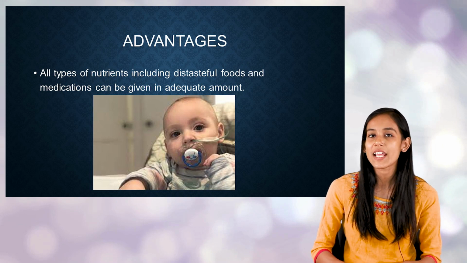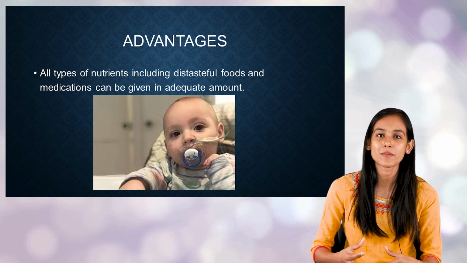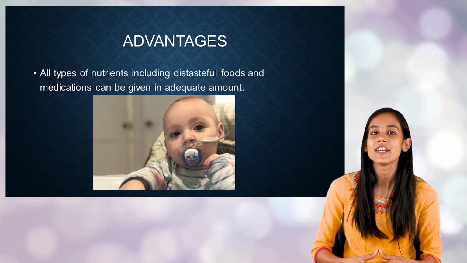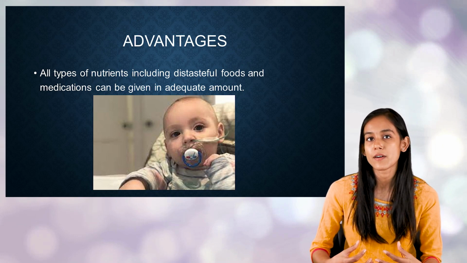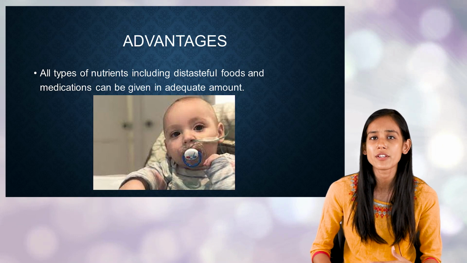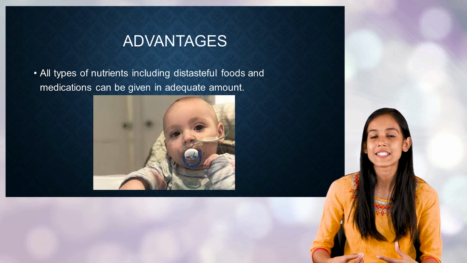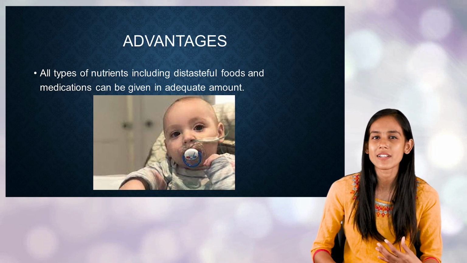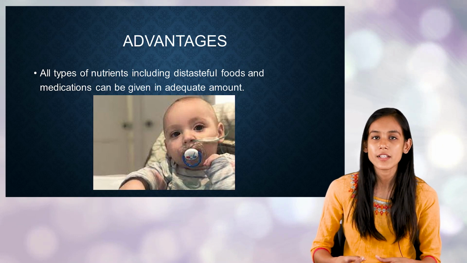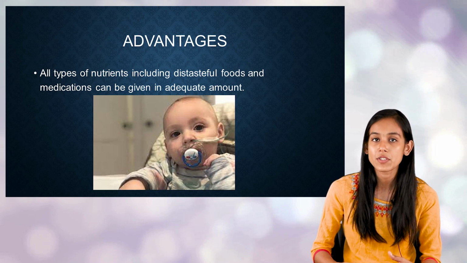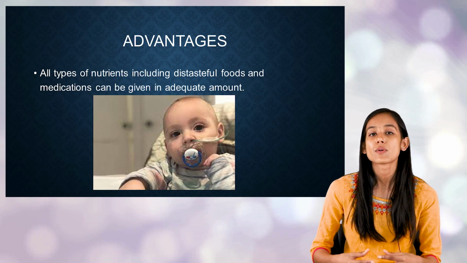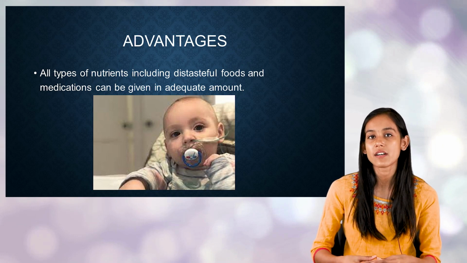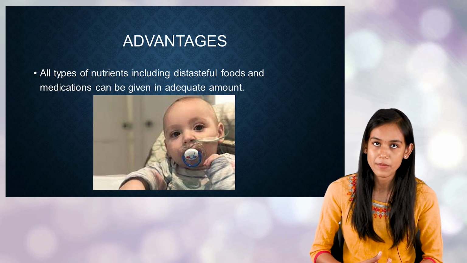With NG tube feeding, the advantage is that we can feed the food or medicines which taste bitter or don't taste good, and those things can also be given in adequate amount.